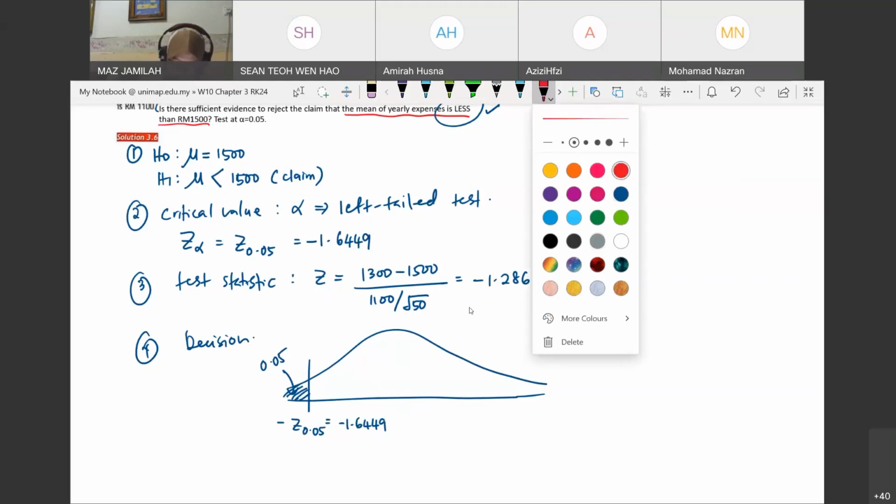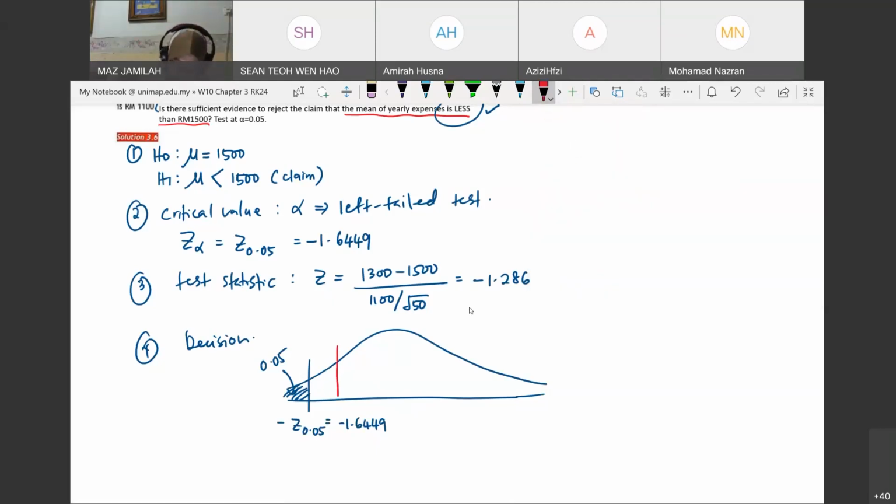So negative 1.286 is somewhere over here. And we know that this is the non-rejection region. Okay, so again, we fail to reject the null hypothesis.